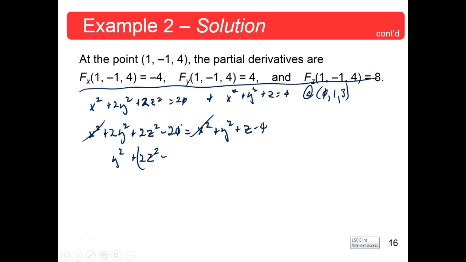Minus z, I'm going to leave that alone for now. And that will be minus 20 plus 4, so that's going to be minus 16 is equal to 0. I think I've accounted for every term.